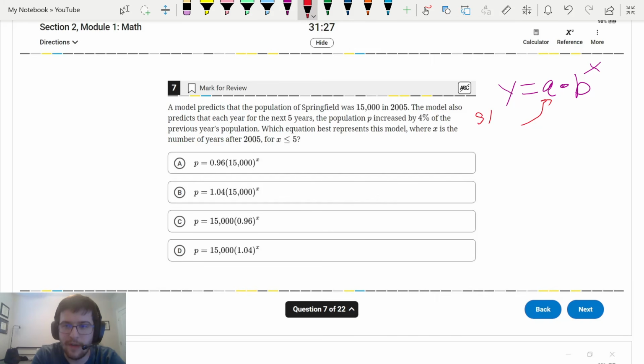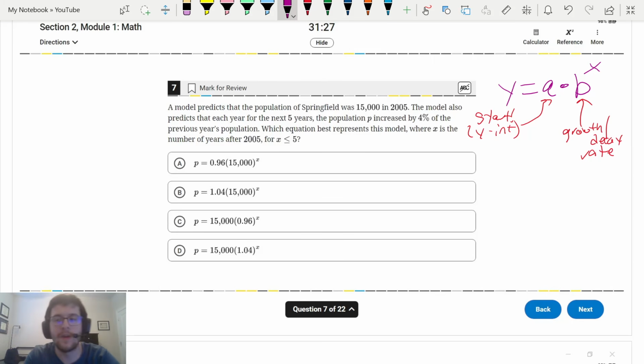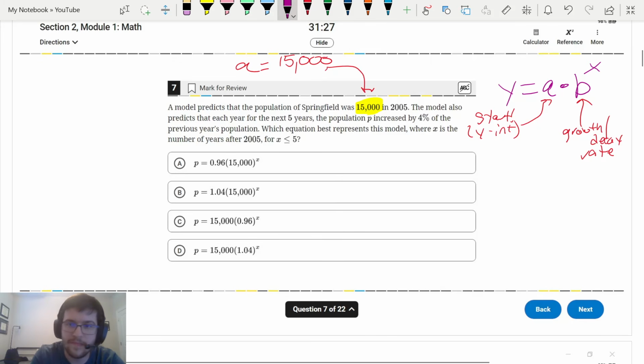A is your starting y value, also the y-intercept, and b is your growth slash decay rate. The growth slash decay rate is the number that y is being multiplied by when x goes up by 1. That's important, okay? So it says the starting population is 15,000. So that tells you that A is 15,000, starting population, right?